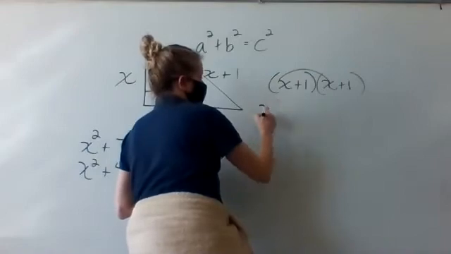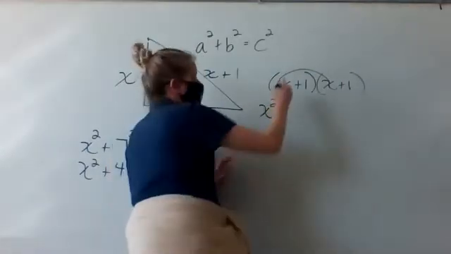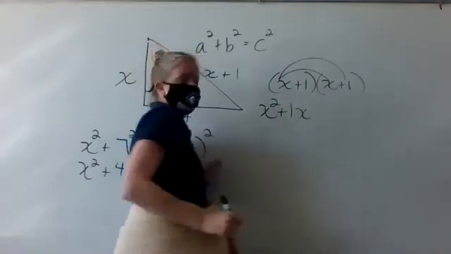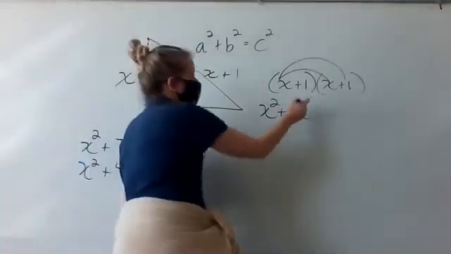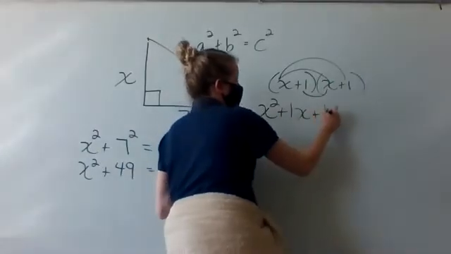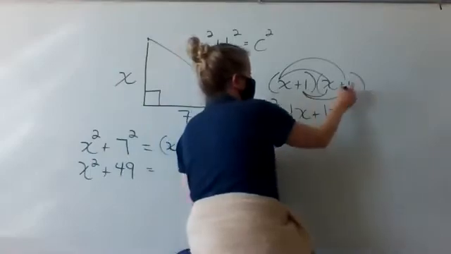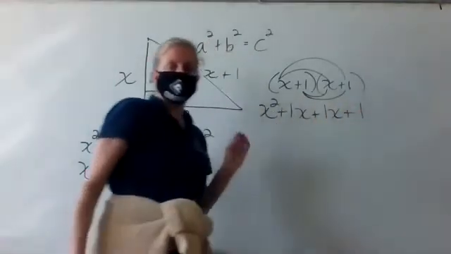So x times x gives me x squared. My outer x times 1 is 1x. My inner is another 1x. And then my last 1 times 1 is 1.